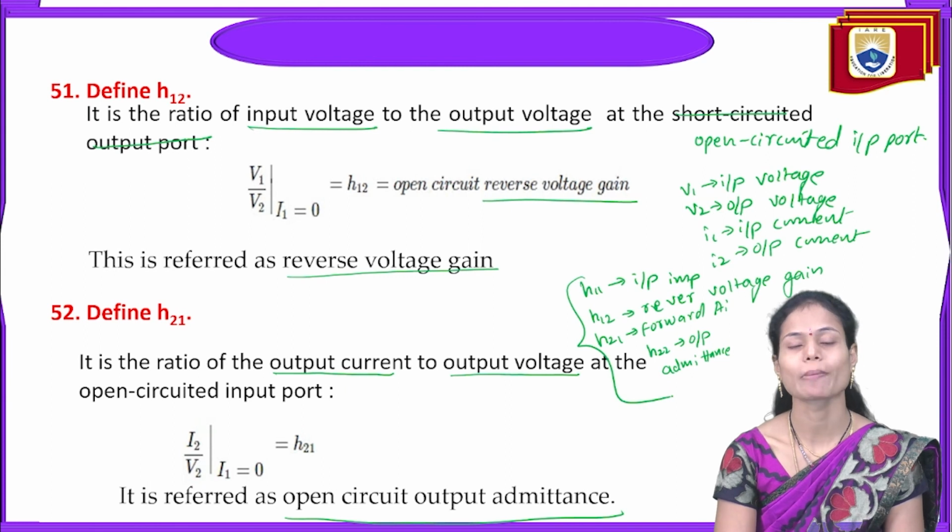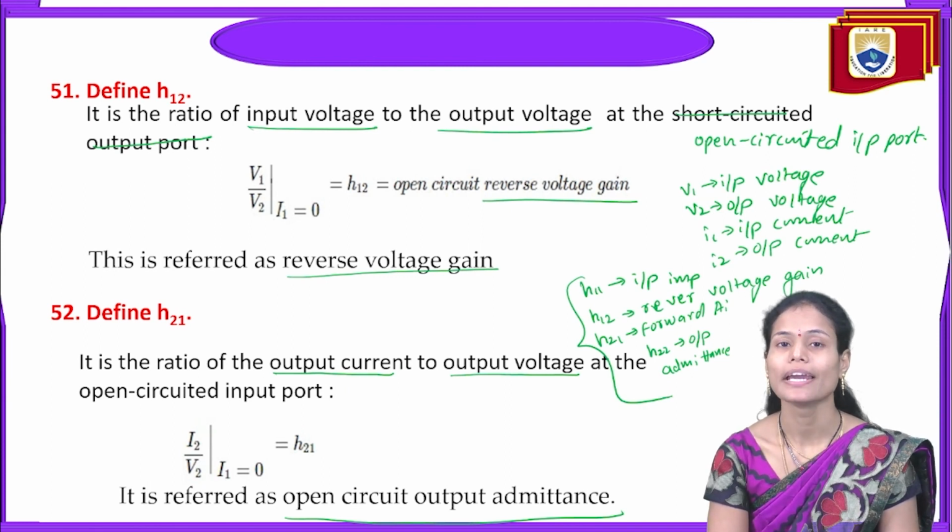These four are the H parameters we can derive from any two-port network.